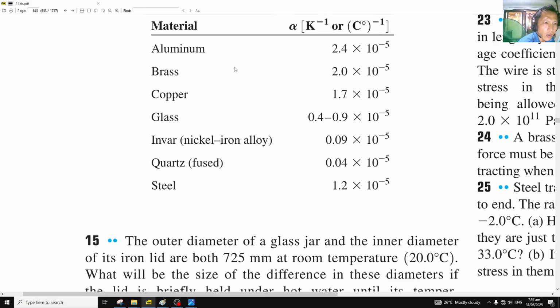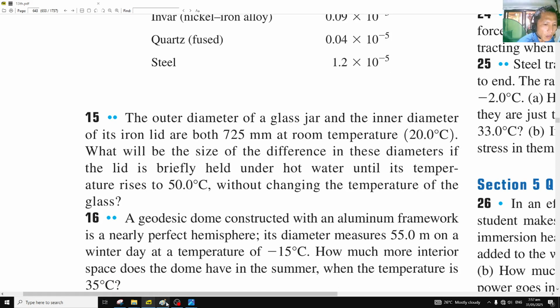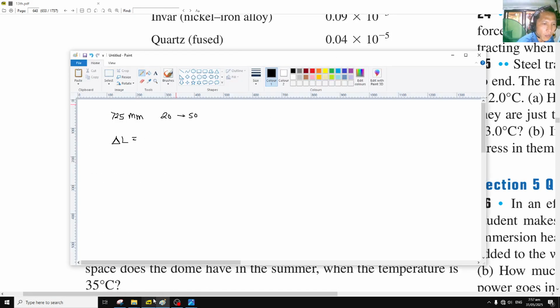So 1.2 times 10 to the negative 5 per Kelvin, or Kelvin to the negative 1, multiplied by 725 millimeter and then multiplied by 50 minus 20 degrees Celsius. So that would be 1.2 times 10 to the negative 5 times 725 times 50 minus 20.